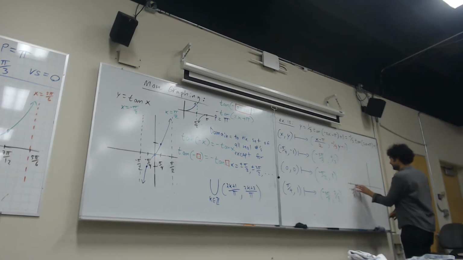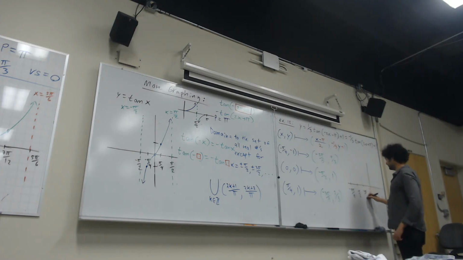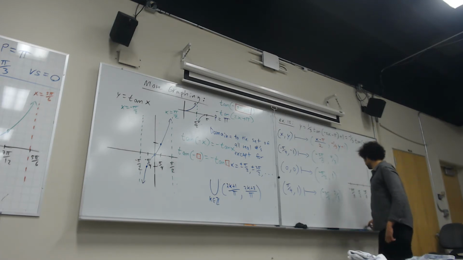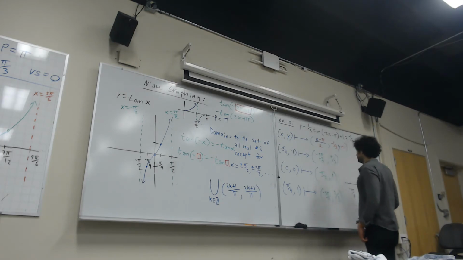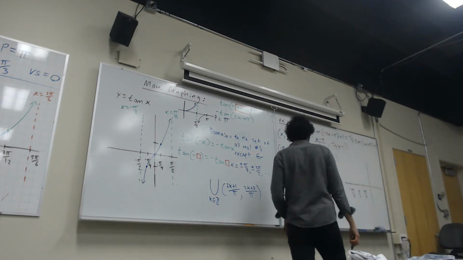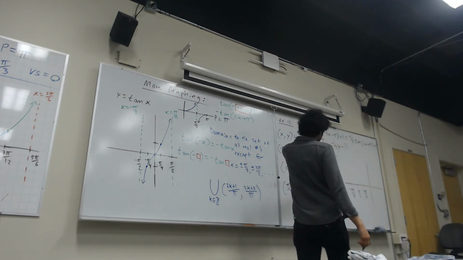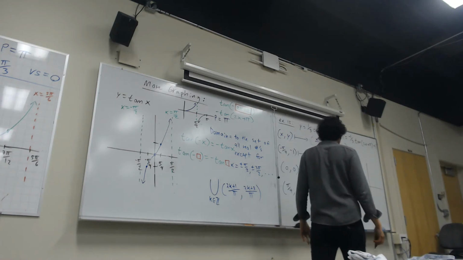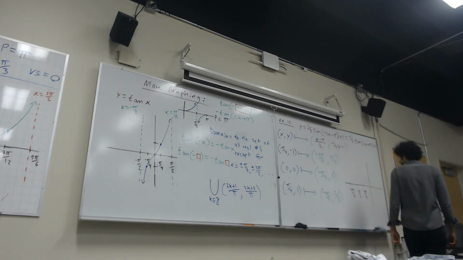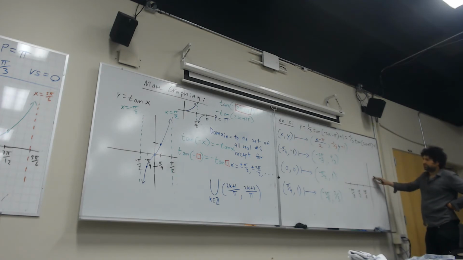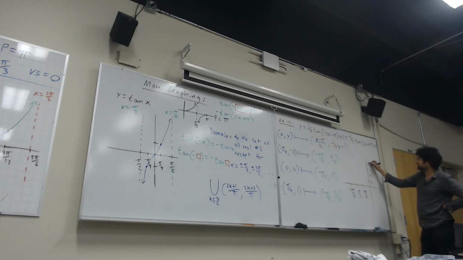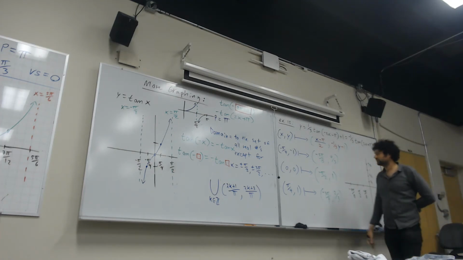There's no symmetry between the x's, so it's kind of weird. The points above the x-axis are 1, 2/3, and 4/3. So maybe I want to mark this off. I'll say that's a third, that's 2/3, that's 1, and that's 4/3, going up by 1/3.